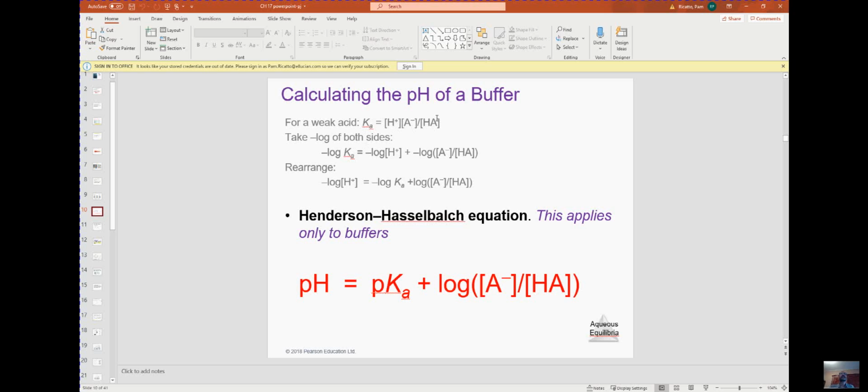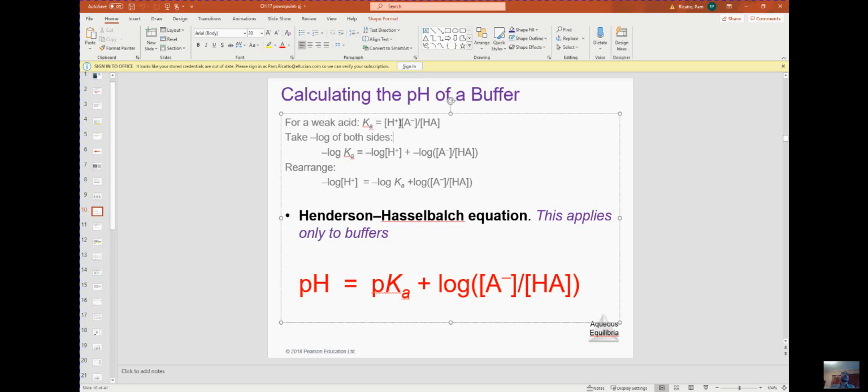Well, if we drop the X's, that means that in our Ka expression, which is right up here for any weak acid system, we have the equilibrium concentration of H plus, the amount of A minus, which is the conjugate base, and the amount of HA.